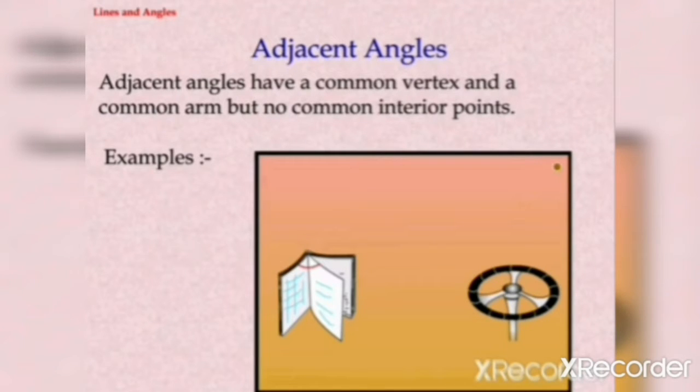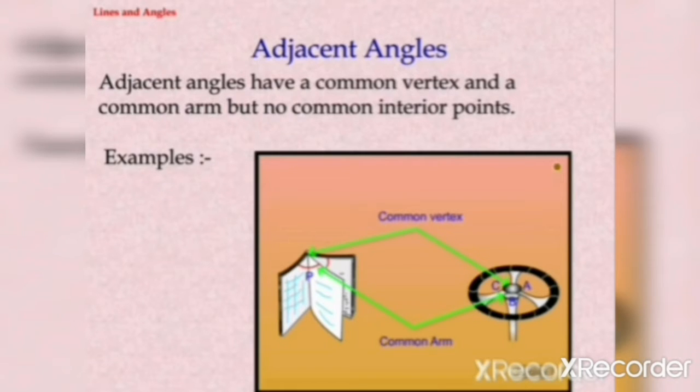Now next point is adjacent angles. Adjacent angles have a common vertex and a common arm, but no common interior point. Remember, adjacent angles have a common vertex and a common arm, but no common interior point.